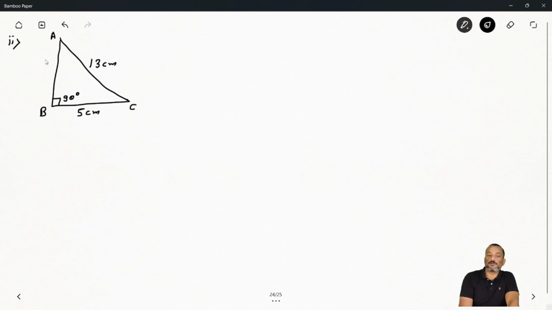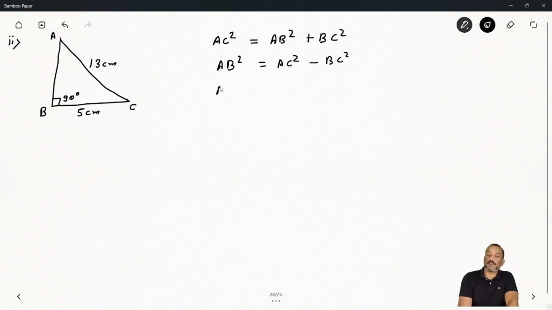So basically you have to find the perpendicular. Again, hypotenuse square, AC square, is equal to AB square plus BC square. We have to find AB square, so we bring BC over. AB square is equal to AC square minus BC square.